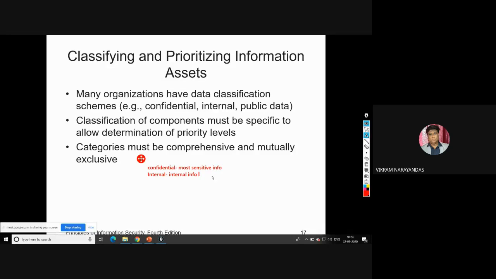Example, we can take authorized contractors, organizations, or any other third parties. Next, external.